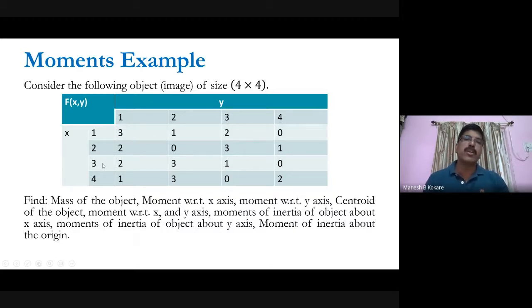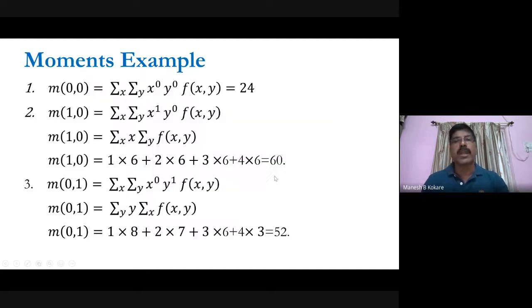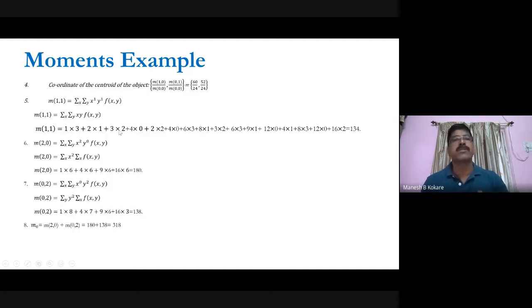Similarly, you have to continue like that: 3 multiplied by 1 multiplied by 2 plus 3 multiplied by 2 multiplied by 3 and so on, up to this point. So you'll get all those values like this, right? So this value, the moment with respect to x and y axis, is equal to 134.